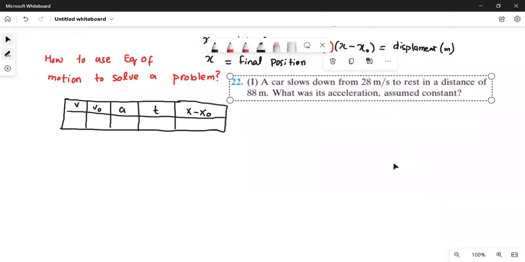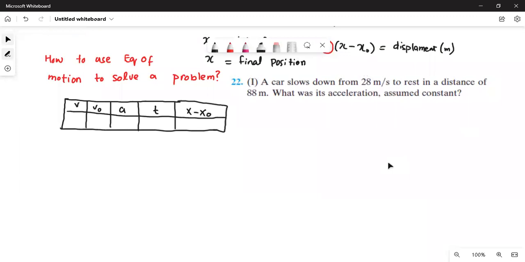Whenever something slows down, your acceleration is negative. When velocity increases, acceleration is positive; velocity decreases, acceleration is negative. So a car slows down from 28 meter per second. So 28 meter per second is V naught. I will write here 28 meter per second. To rest, rest means it will stop.